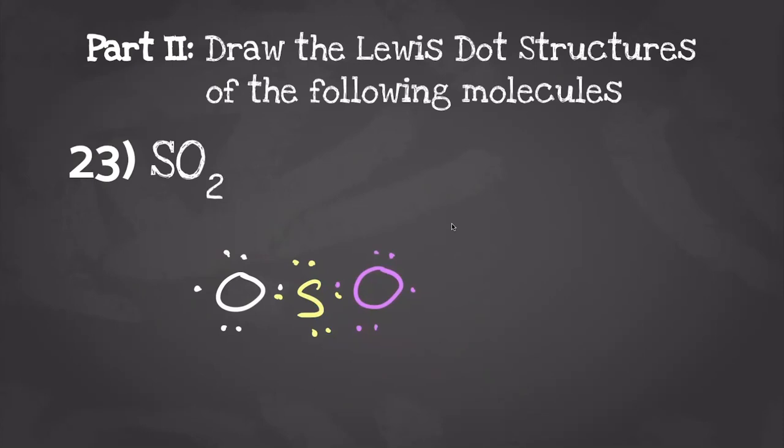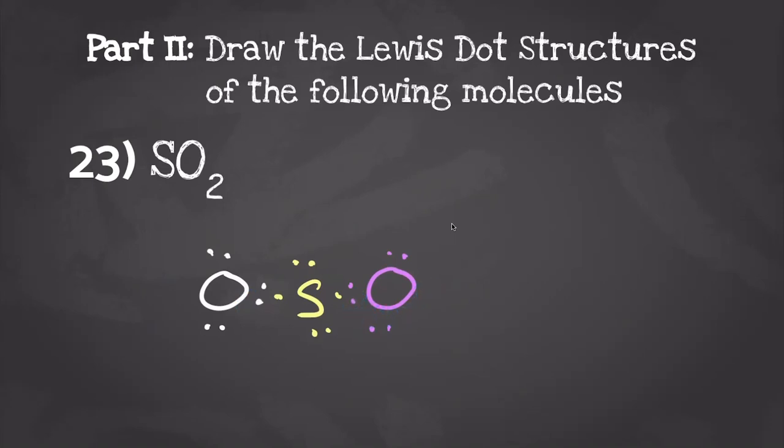Here, sulfur already has its 8, but oxygen only has 7. I'm going to separate them a little bit. I'm going to move this electron over onto this side and this electron over onto this side.